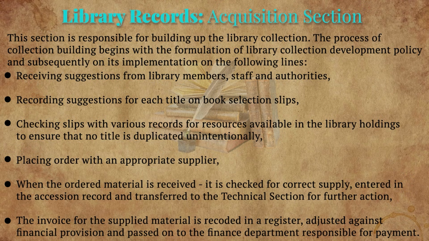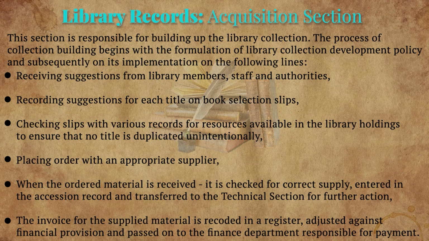Library books need to be entered in a register called the accession register. That is the heart document, the heart record of any library. So this is the accession register. This record is to be maintained invariably by the acquisition section.